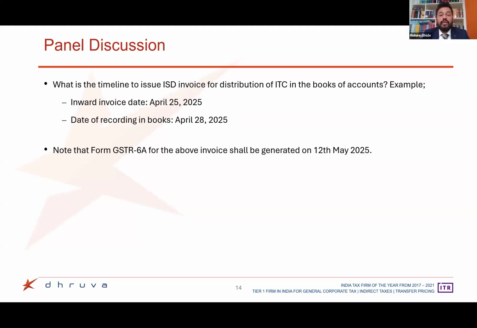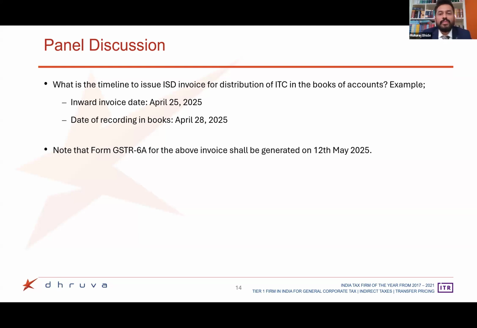The next question is an intriguing one, which I have for Sangeeta, and it is again a timeline-related issue. Considering the whole scheme of ISD, let's say an invoice is raised in April by my vendor. The vendor filed his GSTR 1 on May 11. It appeared in my GSTR 6A on the 12th of May.